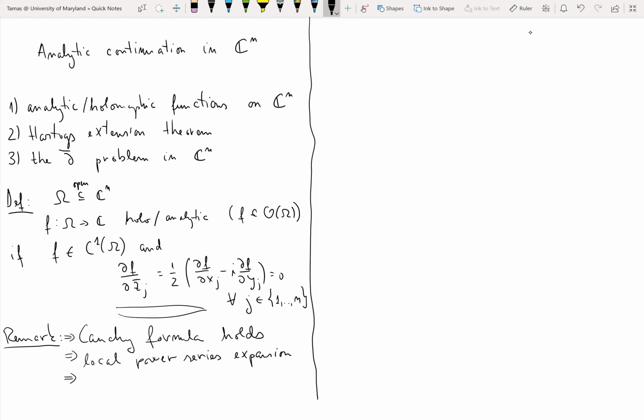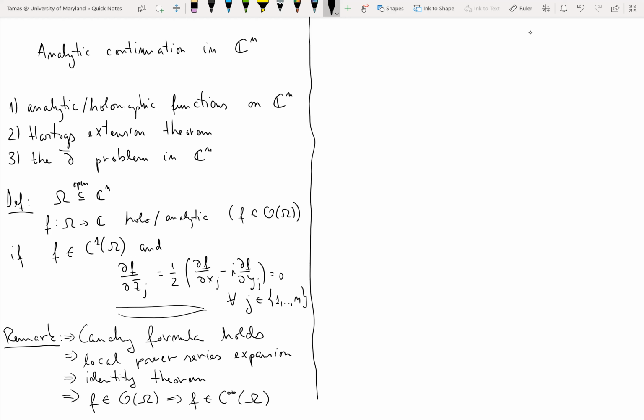And if you have a local power series expansion, that means that automatically you will get an identity theorem, that if two holomorphic functions are equal in a neighborhood, then they have to be equal everywhere. And then what else? There's all sorts of these results. Also, by differentiating the Cauchy formula itself, being analytic implies that you are smooth. So infinitely many partial derivatives exist.